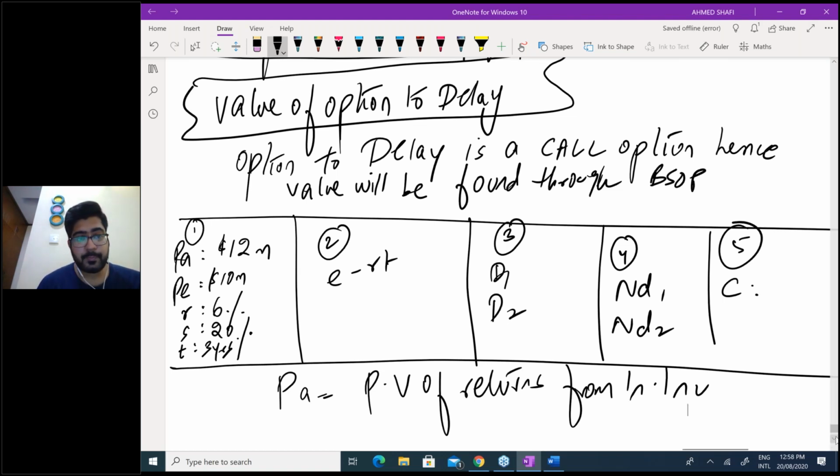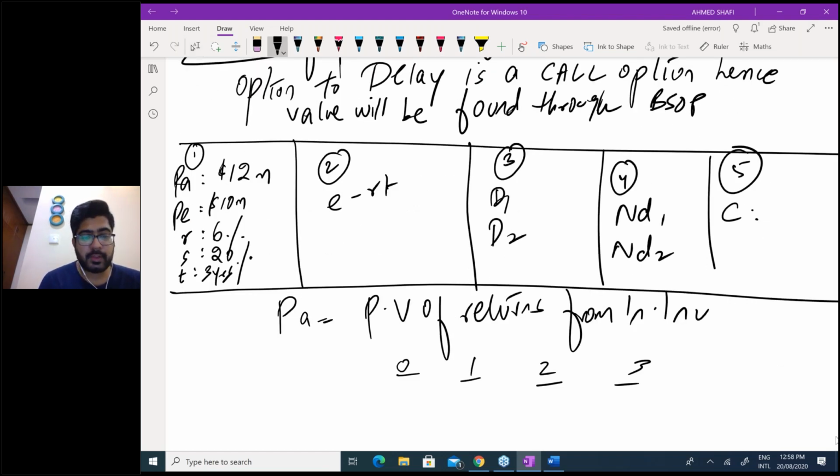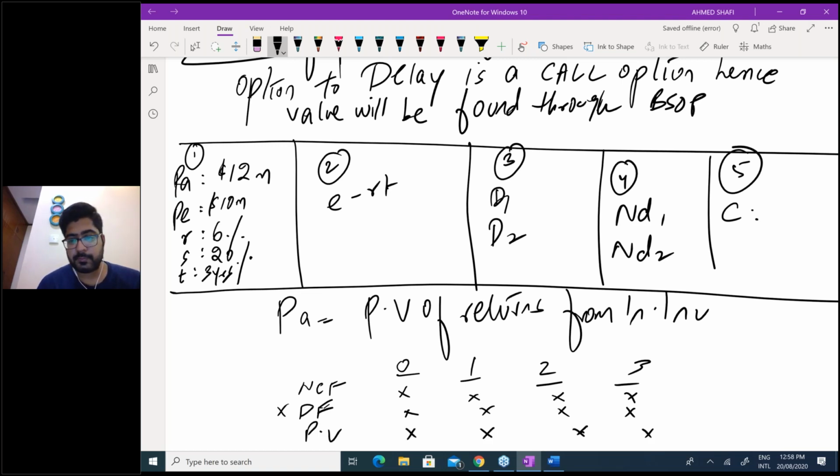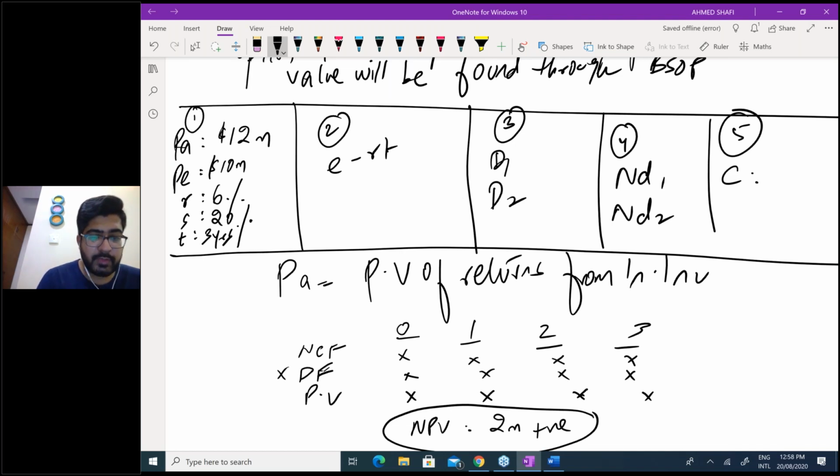Now let's suppose the project life is 3 years. And you get net cash flows multiplied by discount factor to get present value. And the net of all is NPV. Now NPV is 2 million positive. And initial investment which comes in year 0 is 10 million.